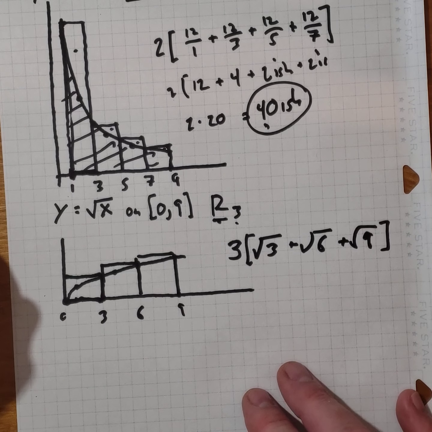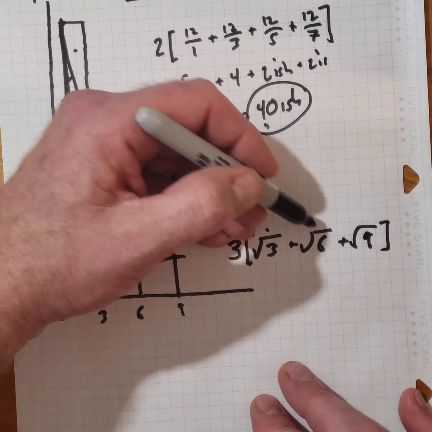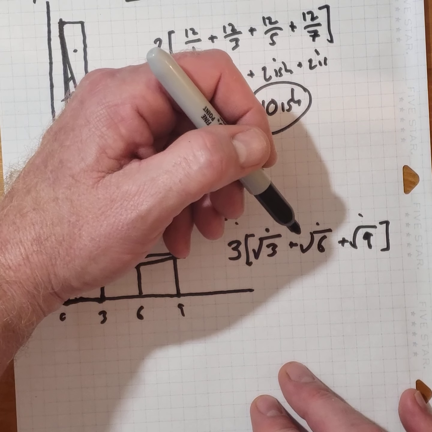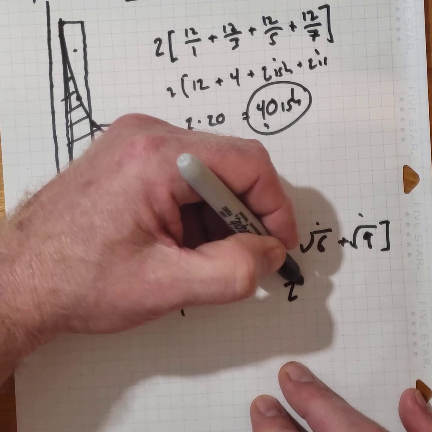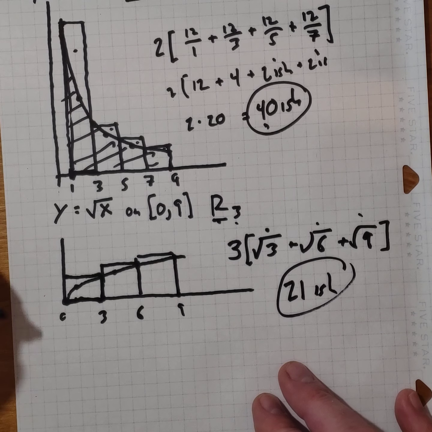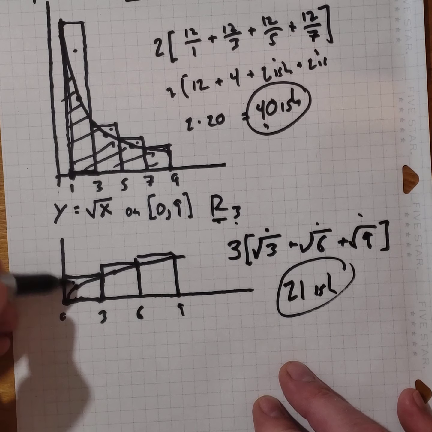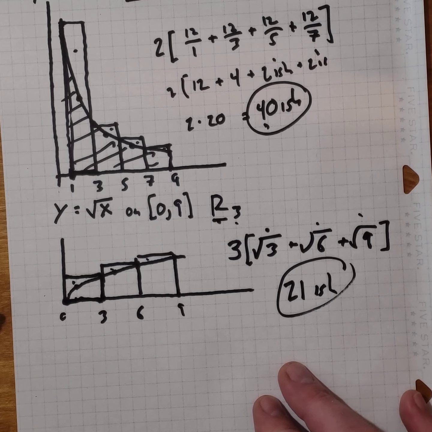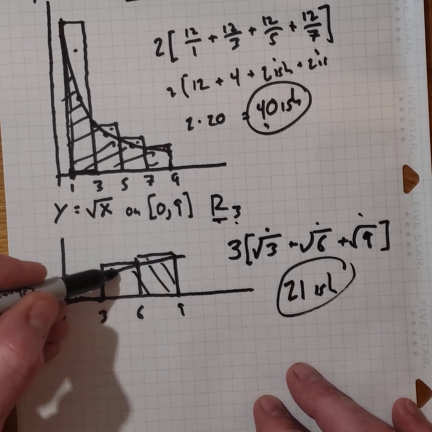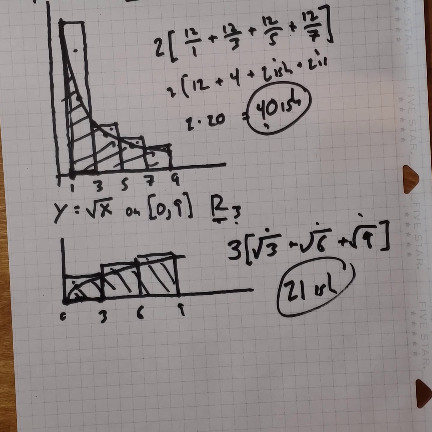So again, this isn't going to work out terribly nicely, but if we use a 2 for that and a 2 for that and a 3 for that, 2 plus 2 plus 3 is 7. 3 times 7, 21-ish. Again, you can put that in the calculator and get a more accurate estimate, and that is going to be a little bit bigger than the actual value of the area under the curve because, again, we're counting those little rectangles when we shouldn't be.